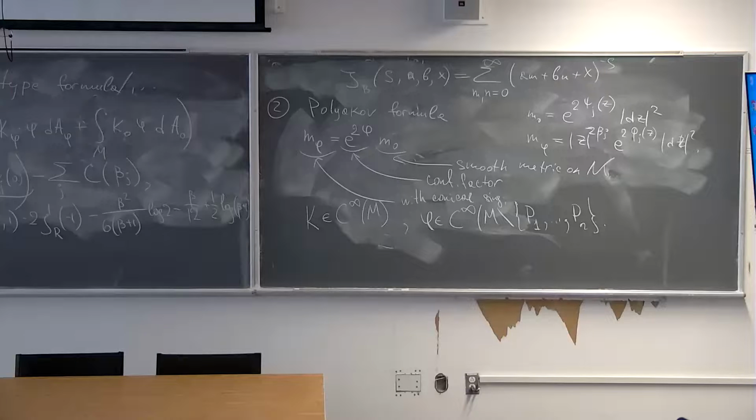Second thing, if we just include a regular point as a marked point, so as a conical point of order 0, then naturally you expect that all those guys disappear. Well, this one clearly disappears. If beta is 0, this guy disappears. So in fact, this at 0 is also 0. It's easy to verify this.